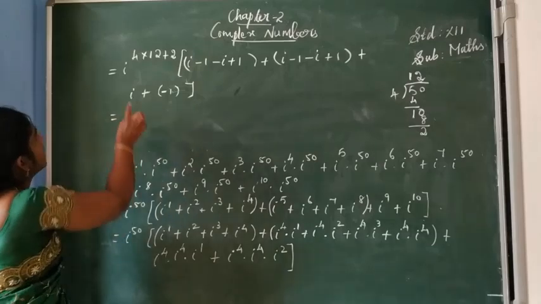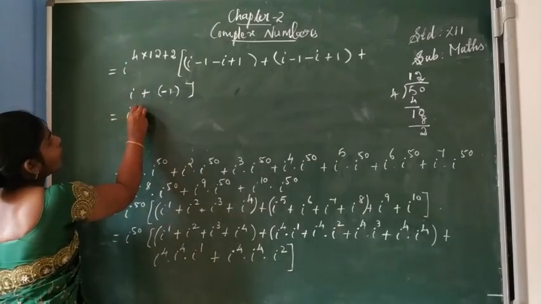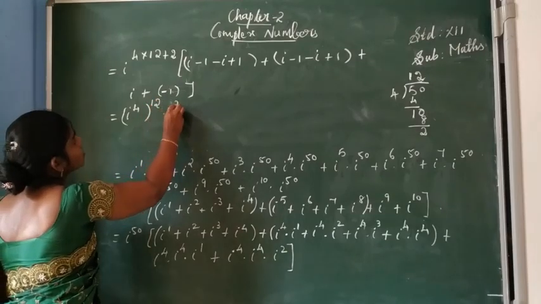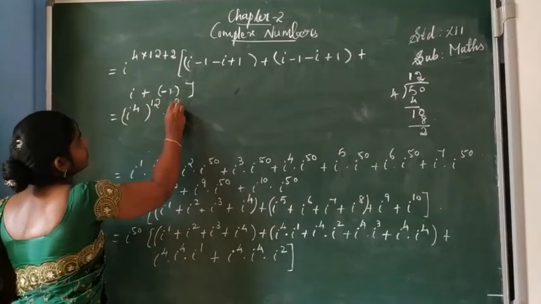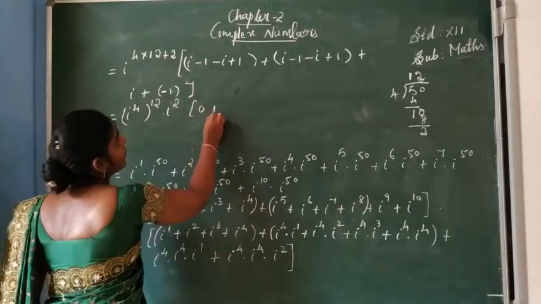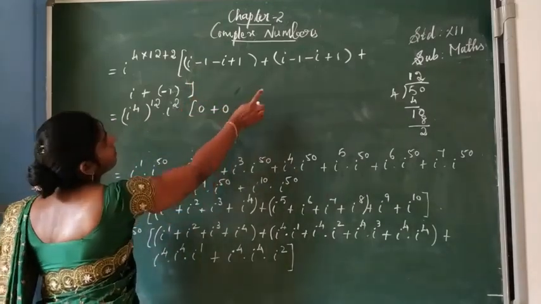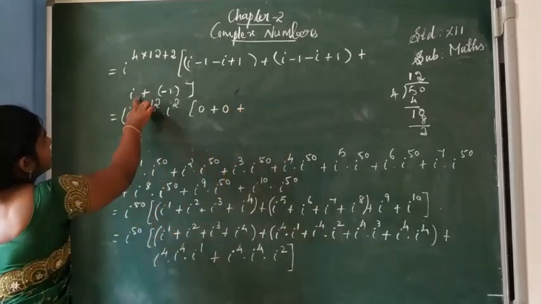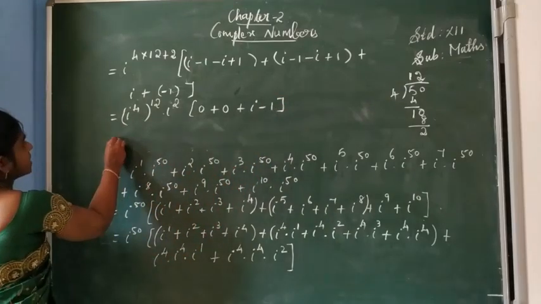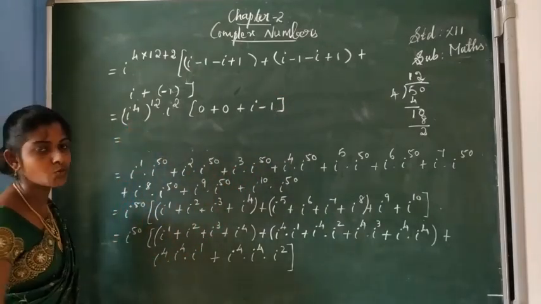That's equal to, we can write i power 4 the whole power 12 into i square, into the term becomes 0 plus 0 plus here i minus 1. That's equal to, here the value is 1.